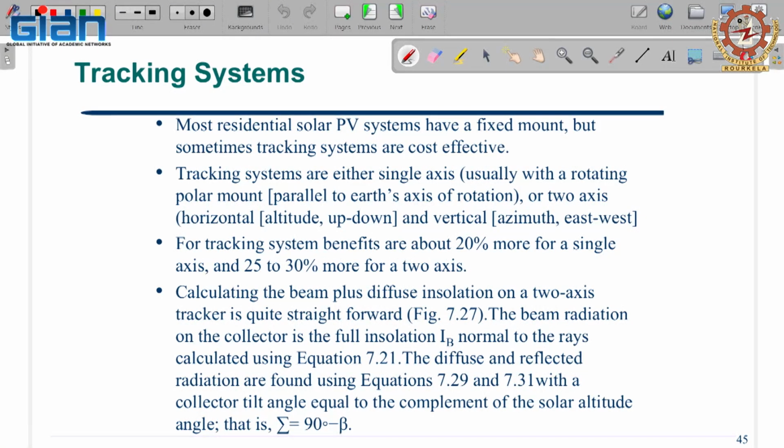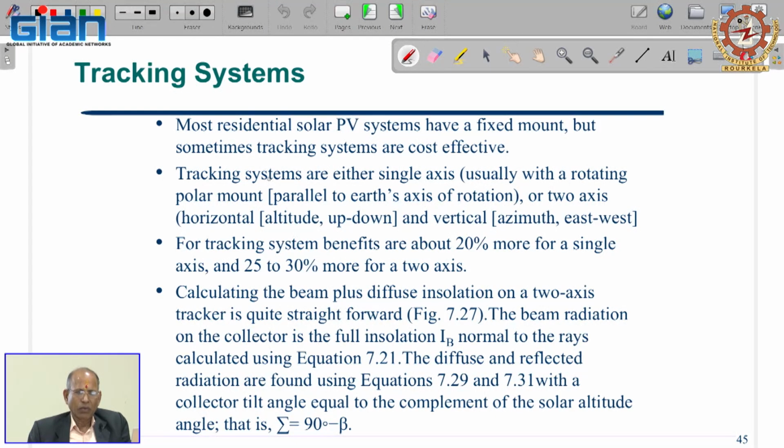Some residential systems have fixed mounts, but sometimes a tracking system can be cost effective. It could be single axis tracking or a two axis tracking system.